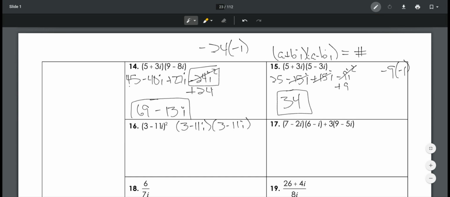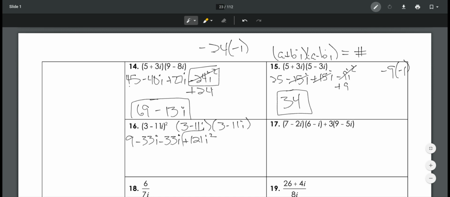So 3 times 3 is 9. 3 times negative 11i is negative 33i. Negative 11i times 3 is also another negative 33i, which I will combine together in just a minute. And when I multiply negative 11i times itself, I get positive 121i squared.